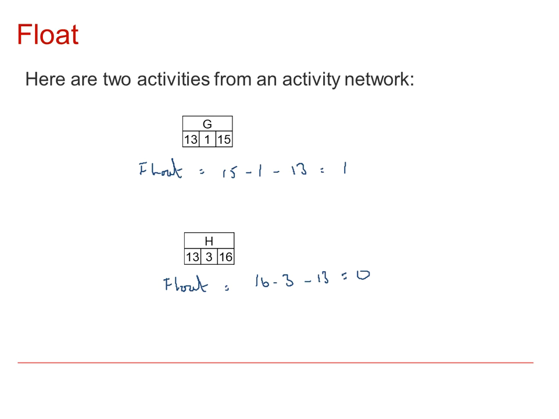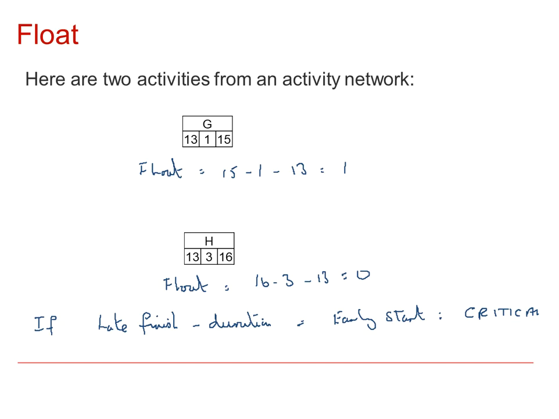So we can say the following: if the late finish time minus the duration is equal to the early start time, then this is critical. So for H, 16 minus 3 is 13, and that's the same as the early start time.